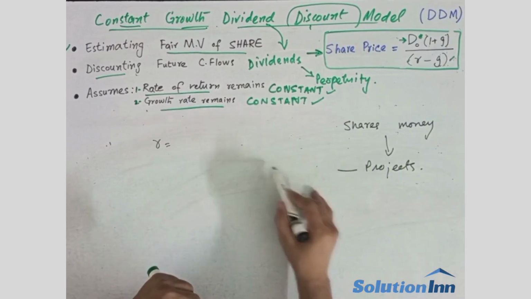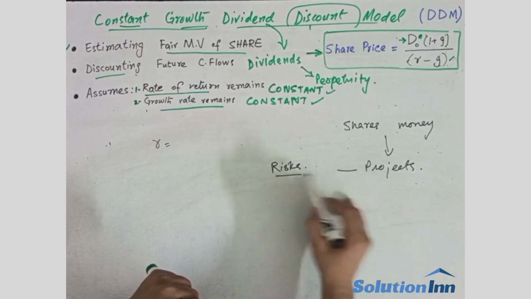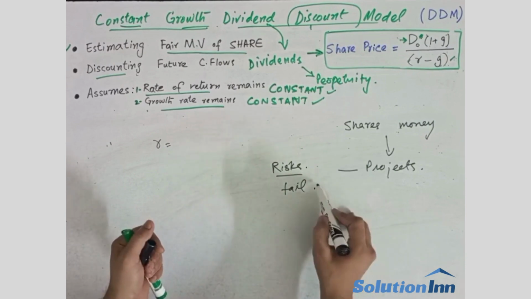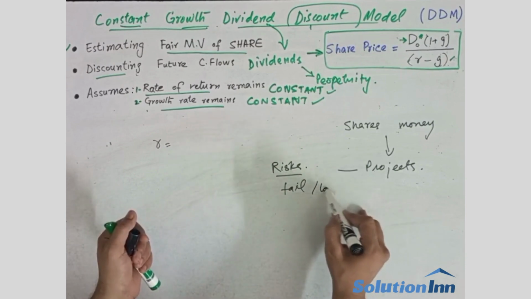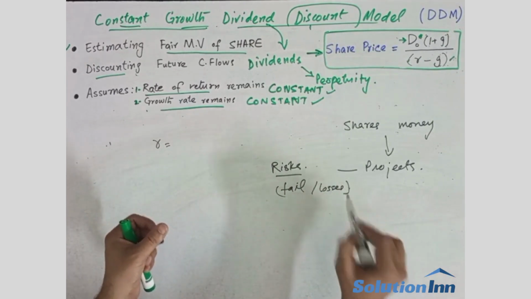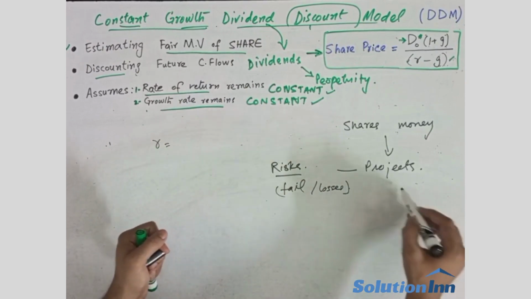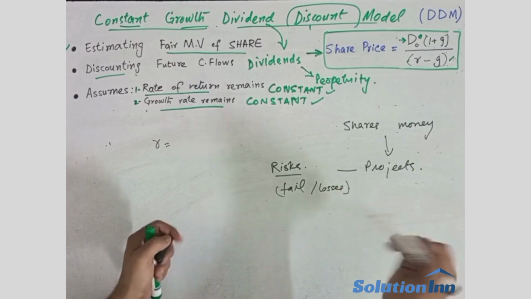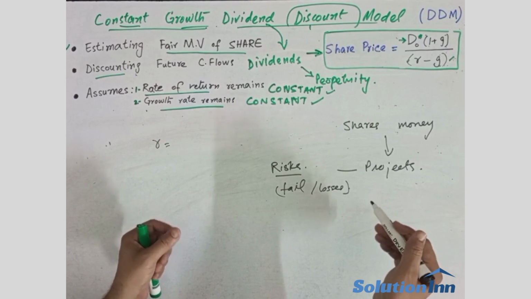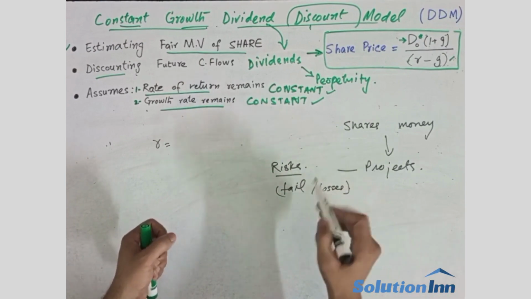Now projects contain risks. A project might fail or generate losses instead of profits. So these are the risks. Also, if a company starts a project that is financed by both debt and equity, the debt holders are paid first before any profits are distributed to ordinary shareholders.